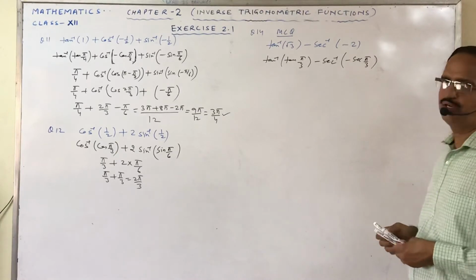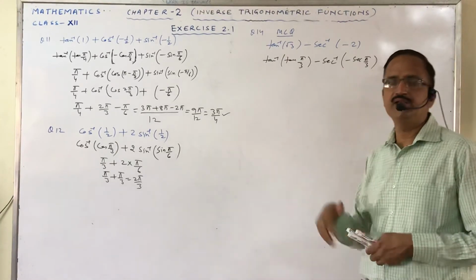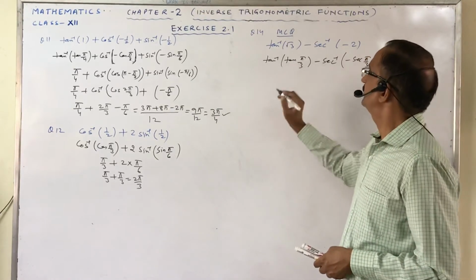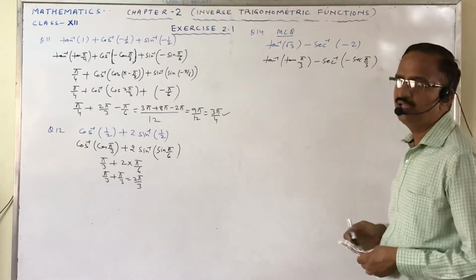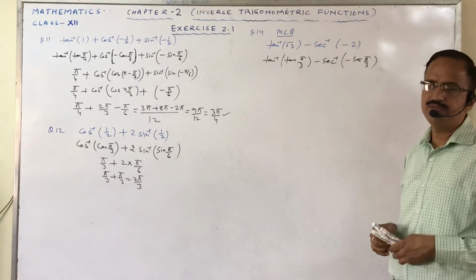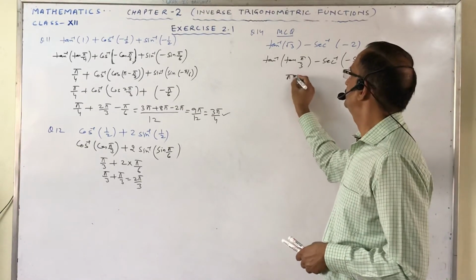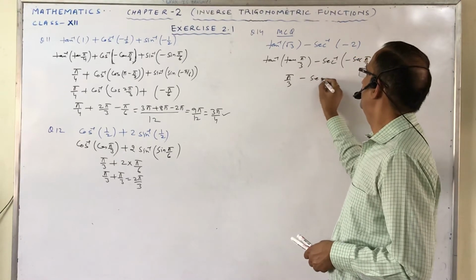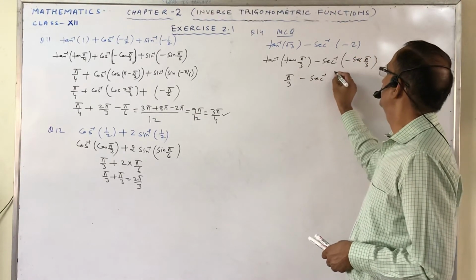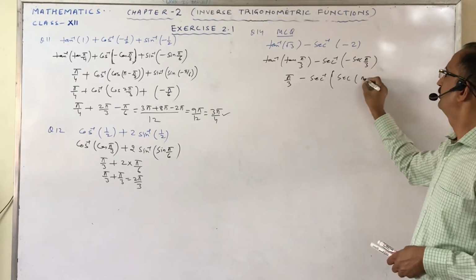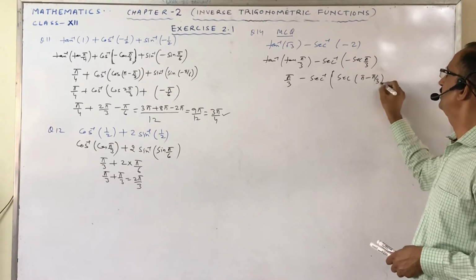And as we know that cos and sec are negative in second quadrant. So this tan and tan inverse will cancel out because this pi by 3 is the value that lies in the principal branch of tan. So directly we can write this is pi by 3 and this is sec inverse. In place of this we can write sec pi minus pi by 3.